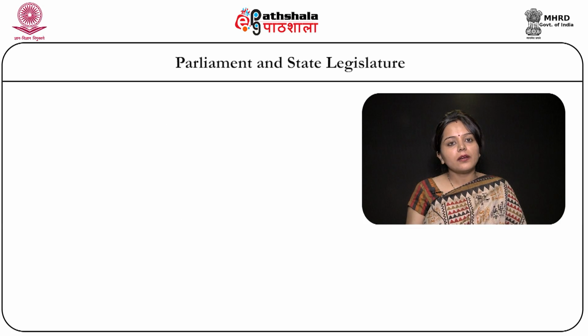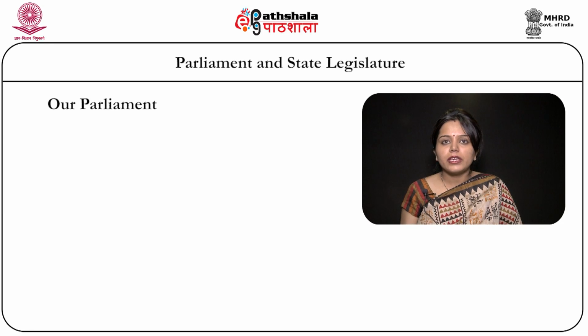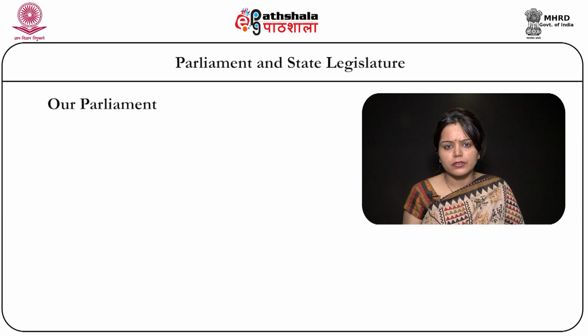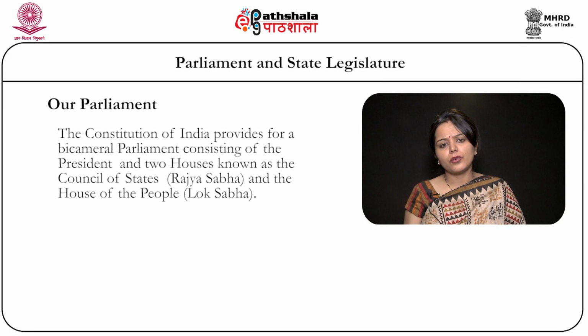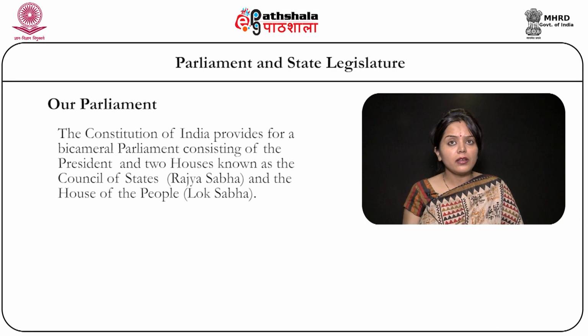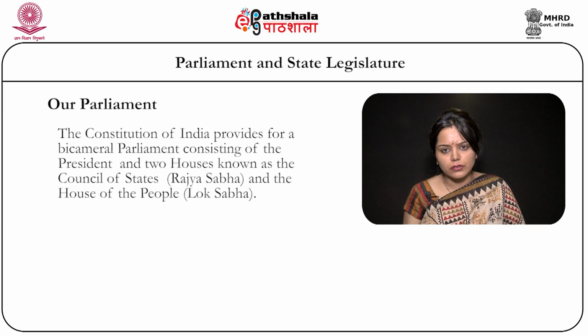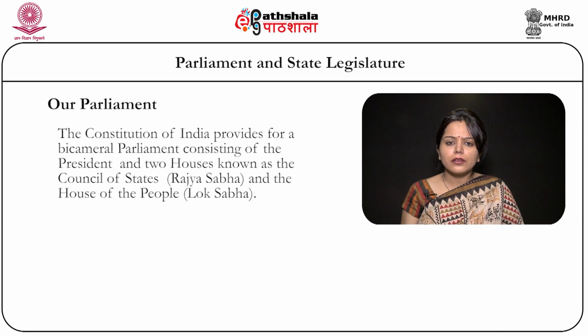So, I will start my lecture with the term Parliament, and we can say our Parliament. Again students, the Constitution of India provides for a bicameral Parliament. Bicameral Parliament means the Parliament where there are two houses, but our Parliament consists of President and two houses.